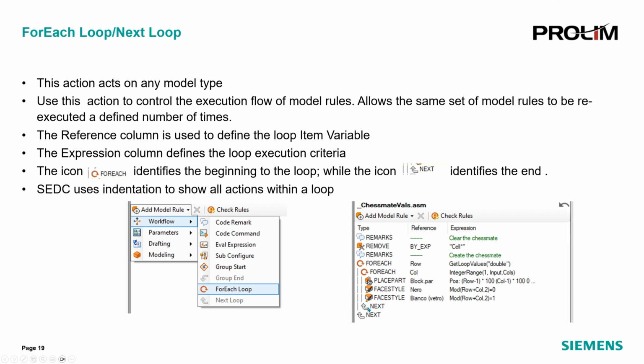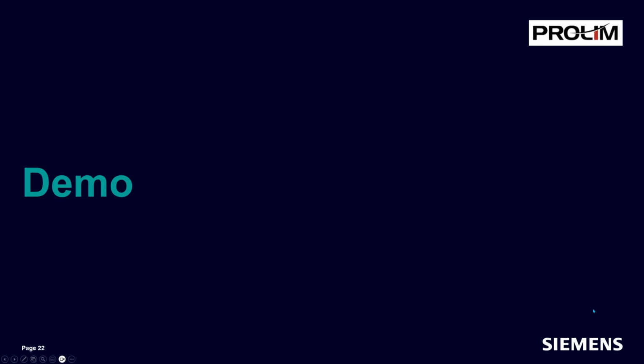So these two model actions go hand in hand. Under the reference column, you can define the item variable, and under the expression column you can define the loop execution criteria. So let's take a look at all of these commands in action.